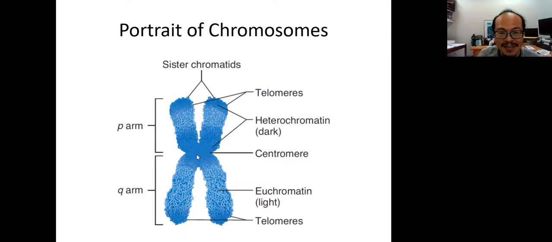We basically have a chromosome at the metaphase. We have sister chromatids, two identical chromosomes attached to each other at the centromere. From here, we identify two very important features. This is one chromosome. This is another.